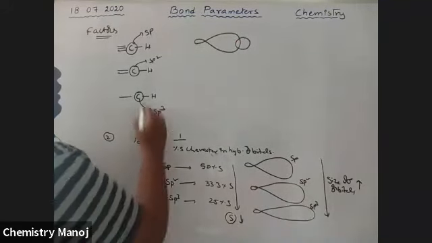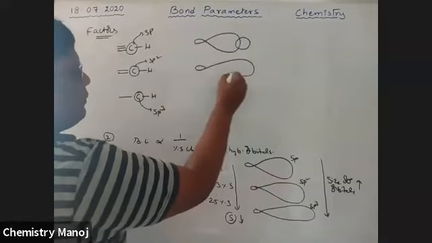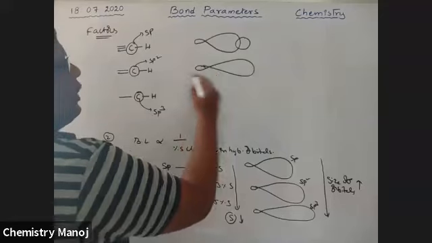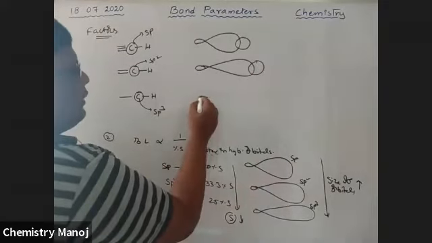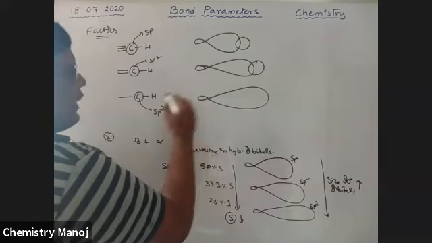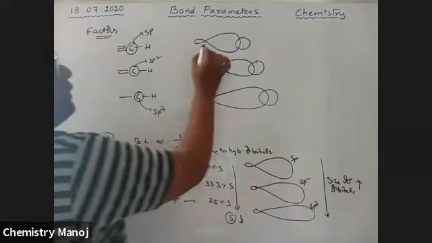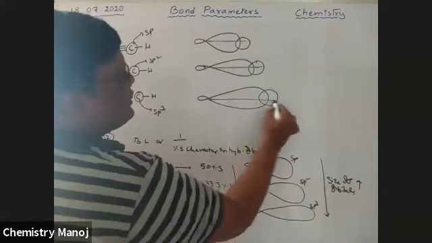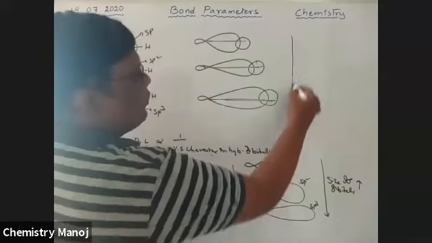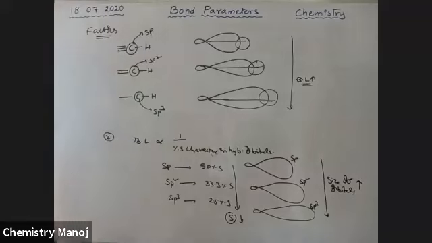Here sp2 is more in size, and this is sp3, which is more in size. So see here, it is the distance: less, more, and more. So from top to bottom, bond length increases.